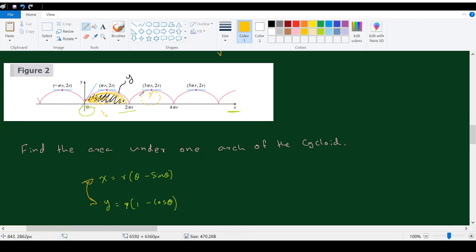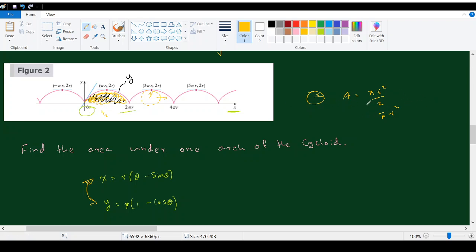Remember, we just roll a circle across this x-axis. So if you have a circle with radius r, what is the area of this circle? That is pi r squared. So sometimes you might think about this region as half the area of this circle, or that it will also give the full area.